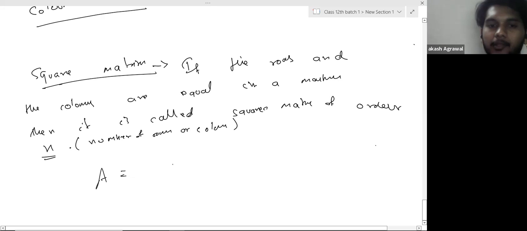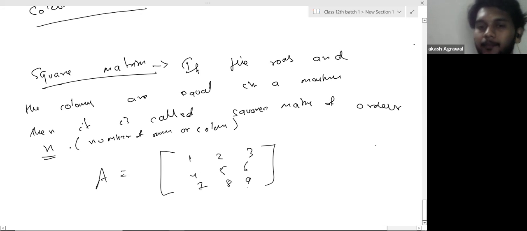What will be an example of this? 1, 2, 3, 4, 5, 6, 7, 8, 9. This is a square matrix of order 3.